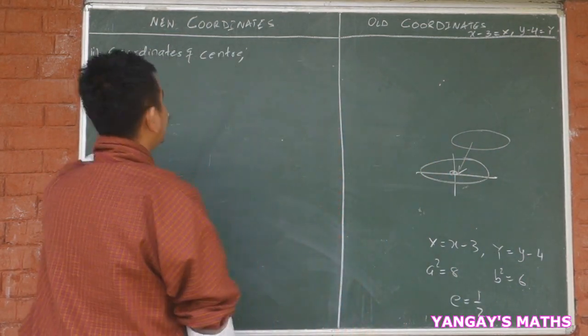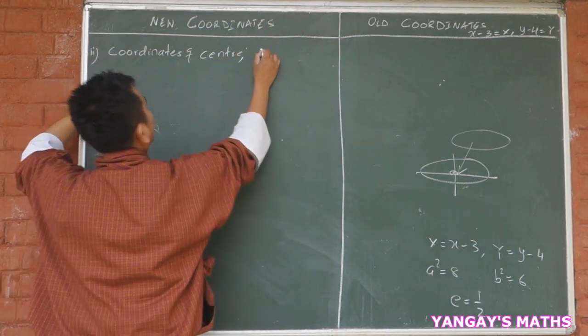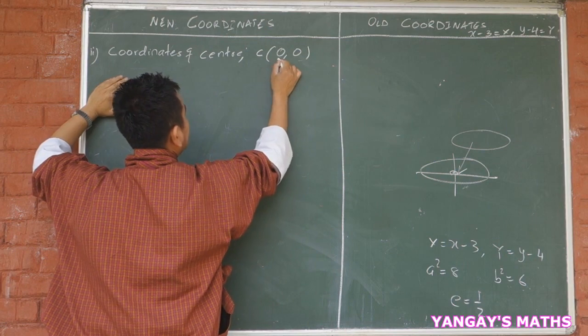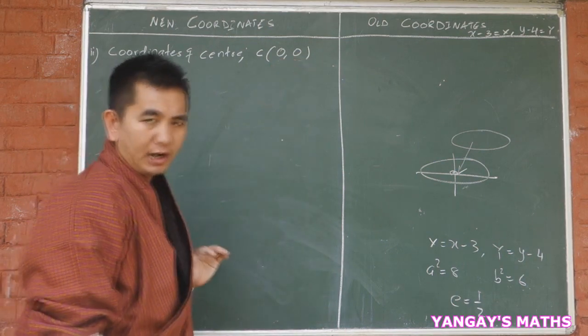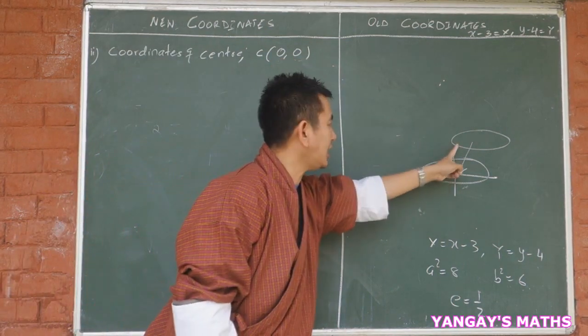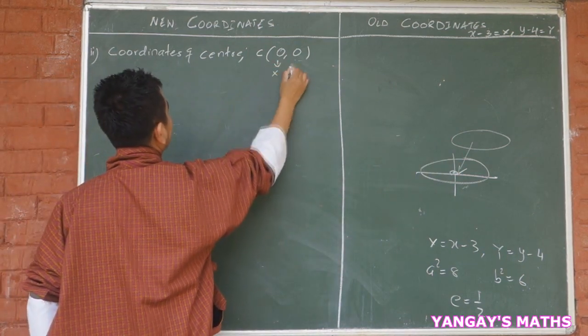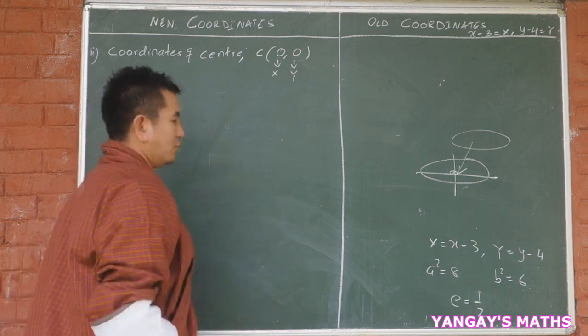So coordinates of center, here it is at the origin, which means H value is 0, K value is 0 here. In this case, I'm not talking about this case, please remember. If that's the case, this becomes the capital X value, this becomes the capital Y value.